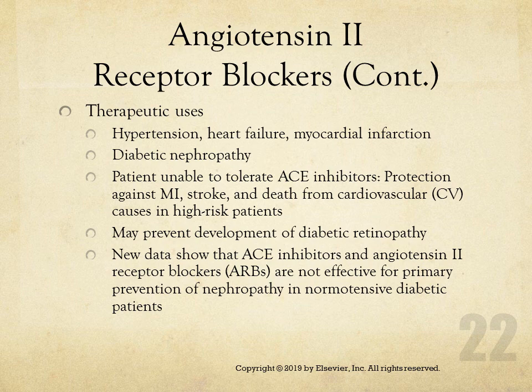It may prevent development of the diabetic retinopathy, and if the patient is normotensive diabetic, it's not shown to help with the prevention of nephropathy, as was thought years ago, when if you had a diabetic patient, you put them on an ACE or an ARB for that prevention protection. But now we see that if they don't have high blood pressure in conjunction with their diabetes, that is not warranted anymore.